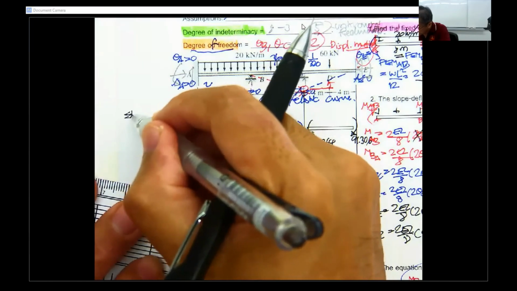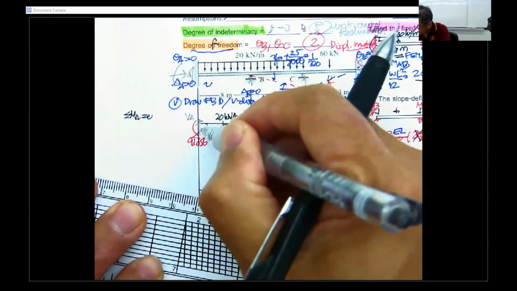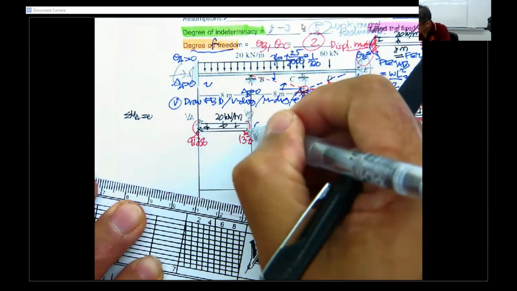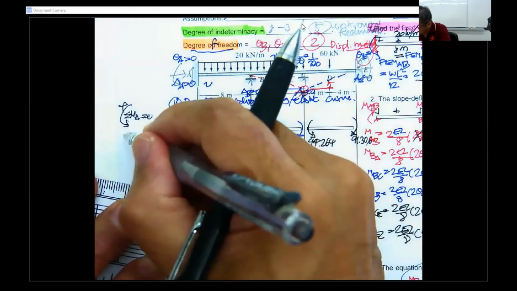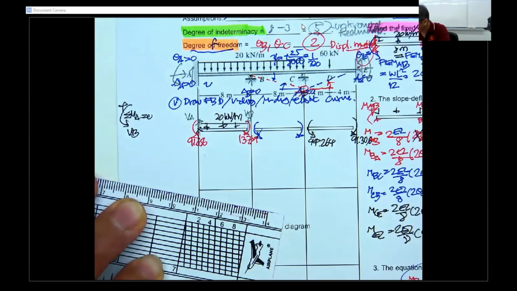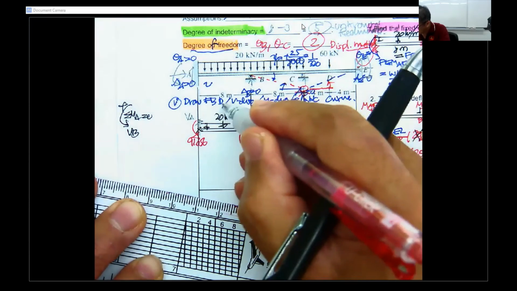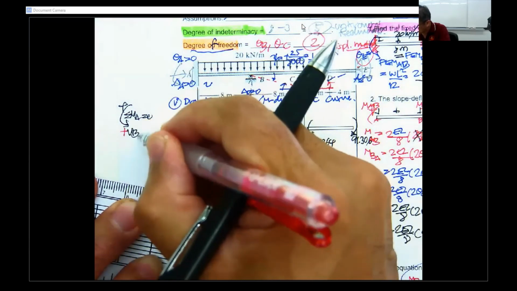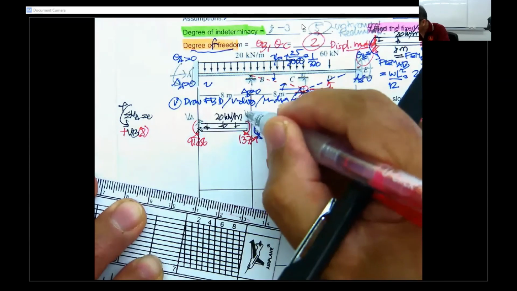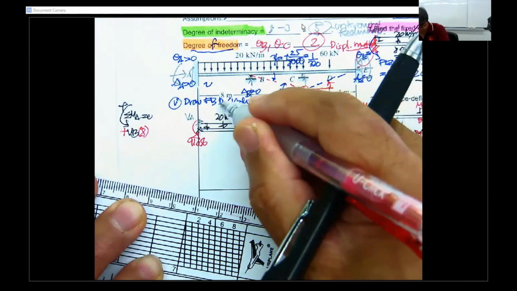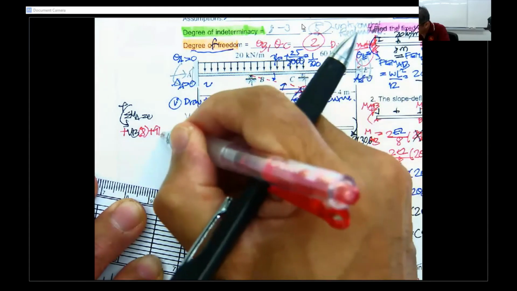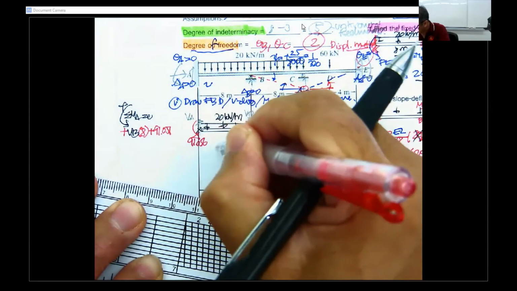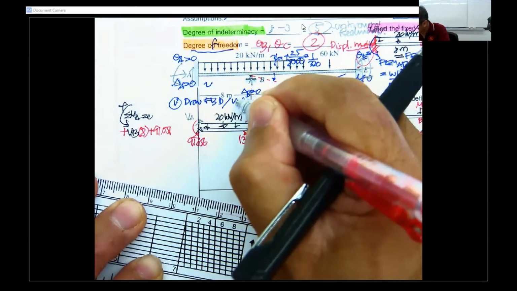So the summation of the moment about A is 0. V sub B rotating like this is positive, V sub B times 8, and then plus 91.056 is in the same rotation.